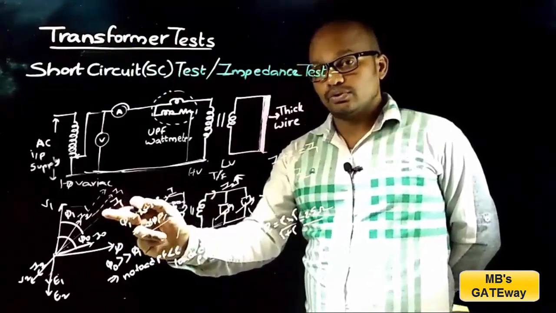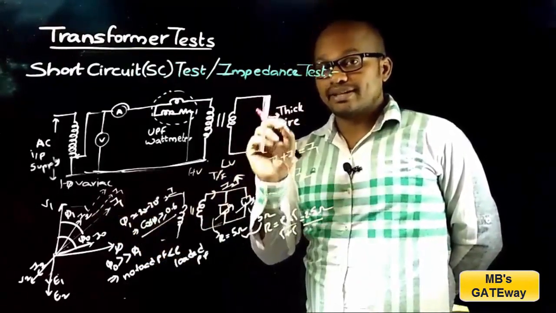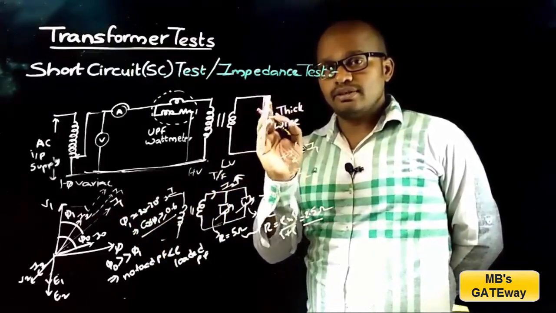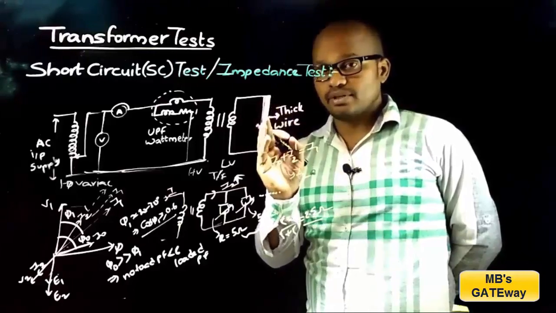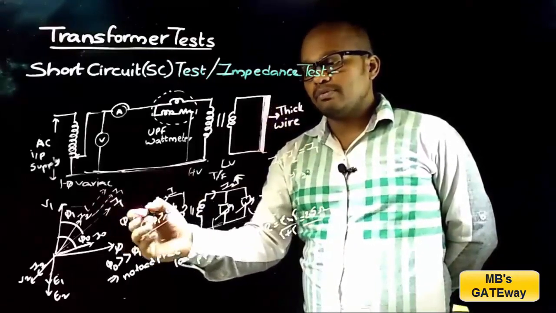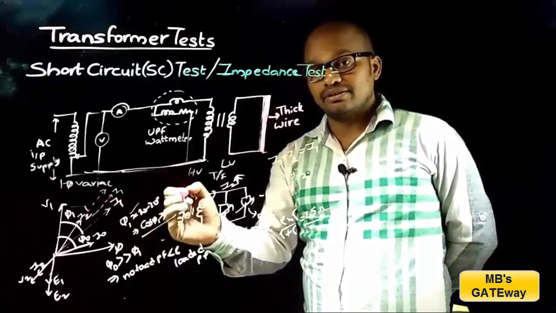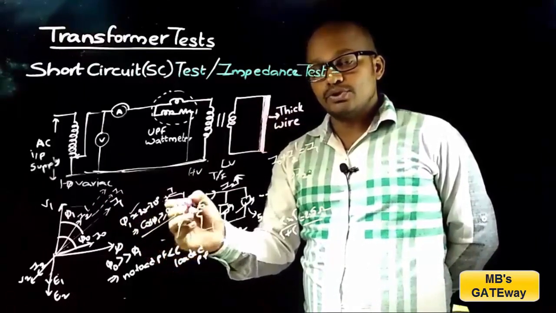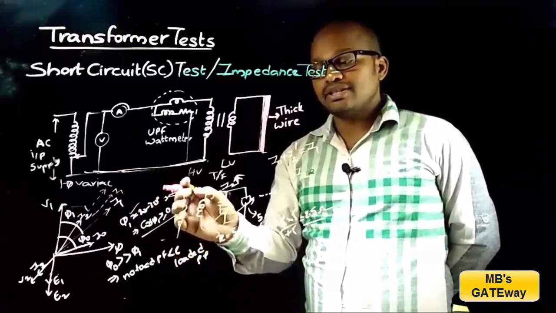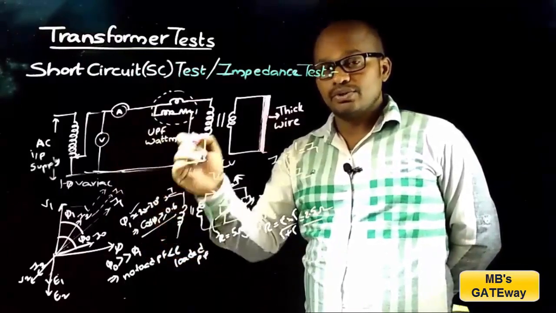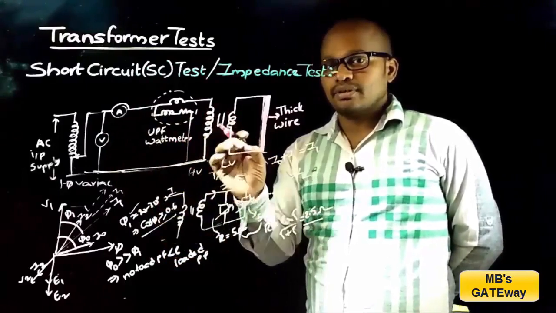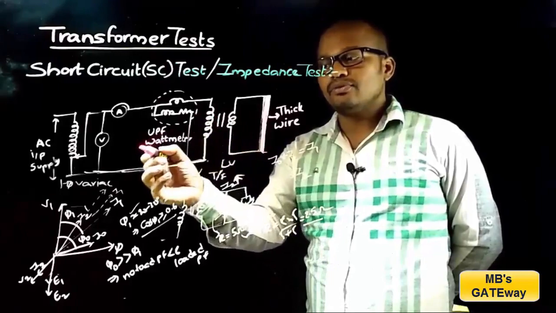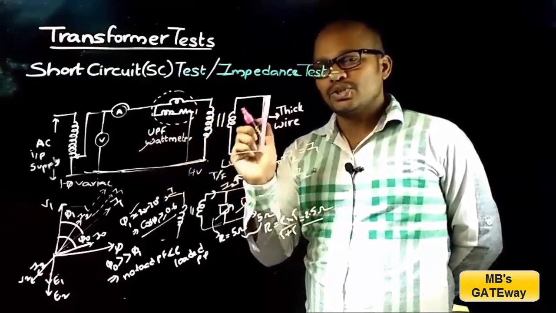And from this you can note that by short circuiting the secondary terminals of the transformer, full load condition is obtained, because of which maximum current flows in the transformer, and the primary power factor angle is 20 to 30 degrees, which implies that the power factor will be greater than or equal to 0.6, which is considered as high power factor. So this primary circuit is a high power factor circuit, and to measure the power with good accuracy, we make use of UPF type wattmeter in the short circuit test.